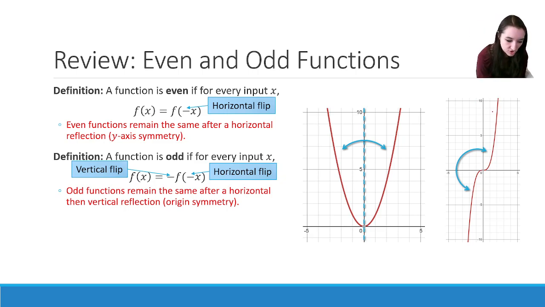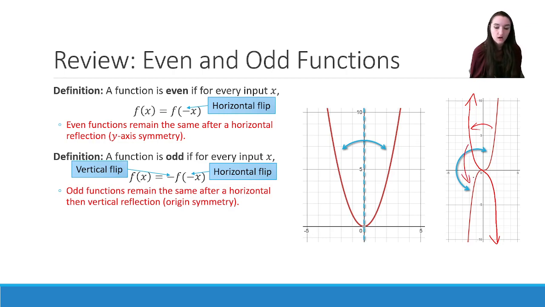Well, let's check. If I'm looking at this graph of x cubed over here, then first I do my horizontal flip over the y-axis, right? So I do that. Then I do my vertical flip over the y-axis, and if it's drawn precisely, you'll see that it is exactly the same as the original graph.